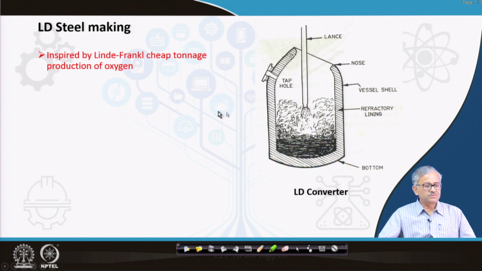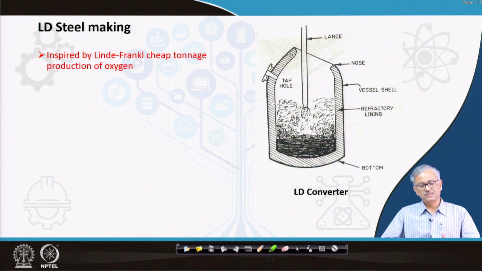Okay. Now, this LD process, I say that it is inspired by the Linde-Frankel cheap tonnage production of oxygen, because a similar thing, that is the purification of hot metal using oxygen, was also conceived by Bessemer. At that time, Bessemer used air only as a source of oxygen, and it was also an autogenous process.